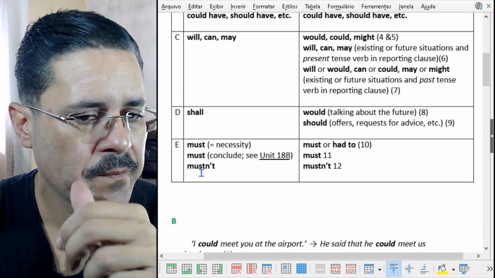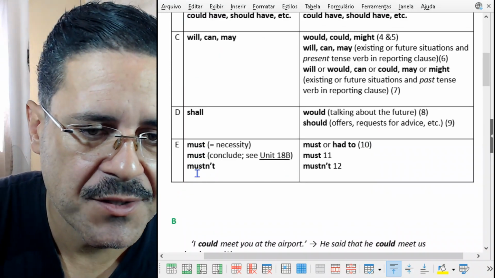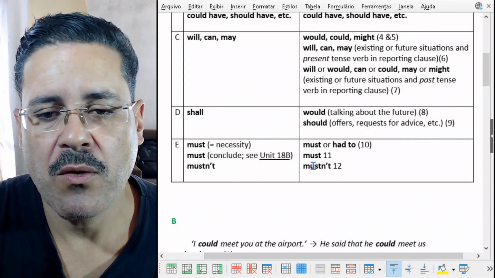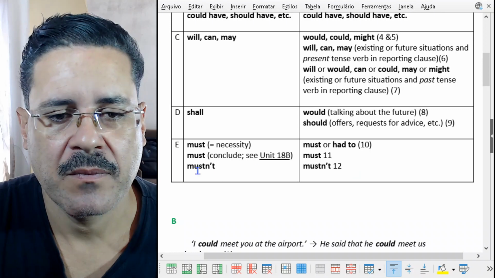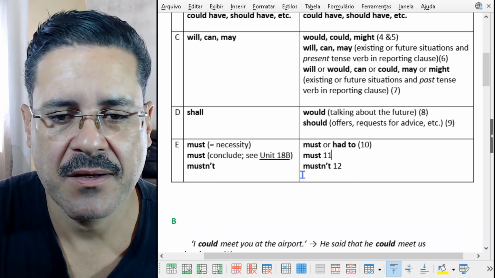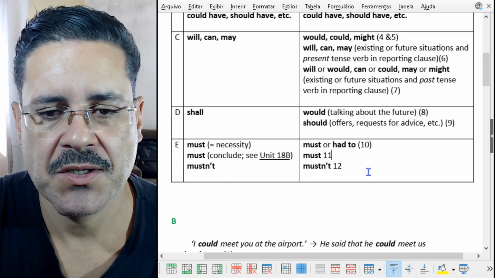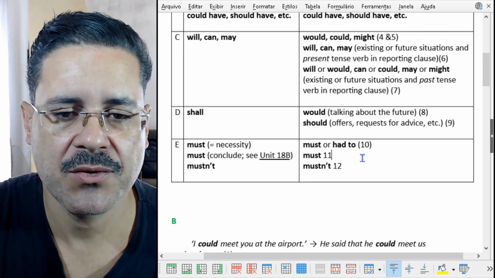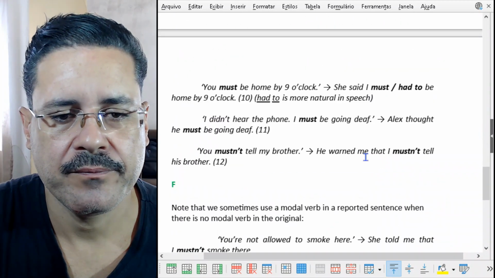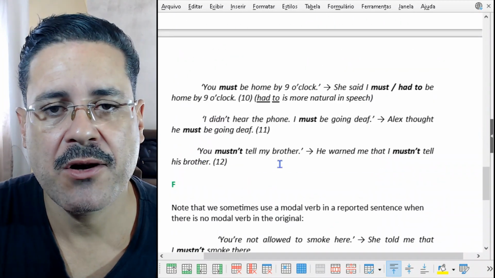Another example, must, but in the negative. For mustn't, we also use mustn't. So it's easy, because it's the same. It doesn't change. Let's check this out. Number 12. You mustn't tell my brother.